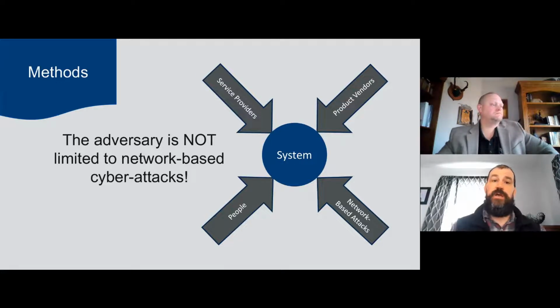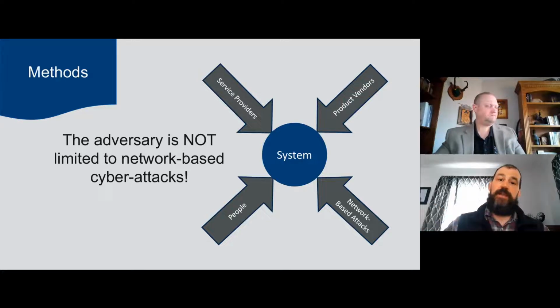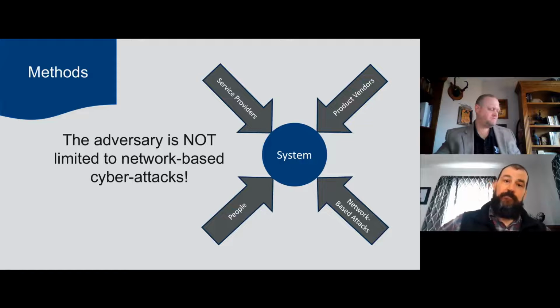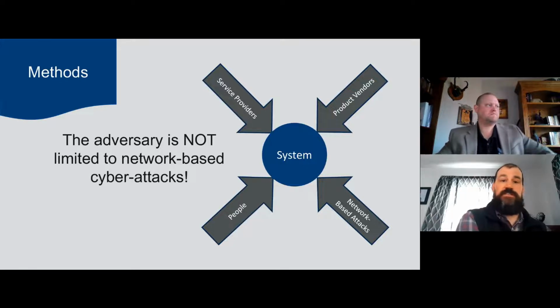So, in other words, they are at a manufacturer or at an integrator, inserting their malware at that point, and then letting that malware carry into the organization via normal processes.